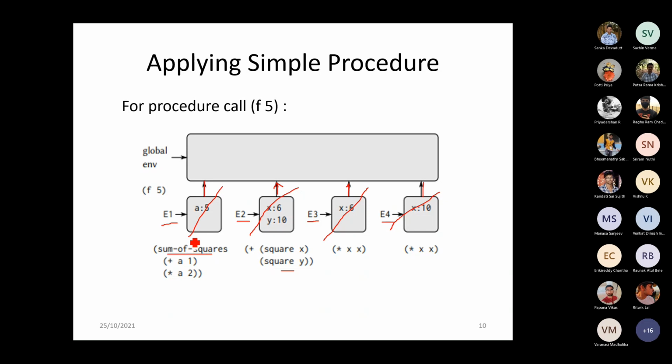Similarly, when executing the sum of squares procedure, we have two procedure calls, square of x and square of y. So two frames would be created, and since it is the named procedure square, those two frames would have the names E3 and E4. To access the definition of the square procedure, the pointer would be pointing to the global environment.